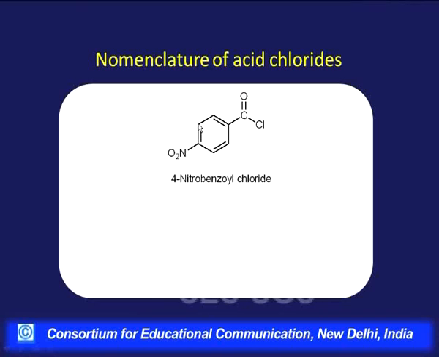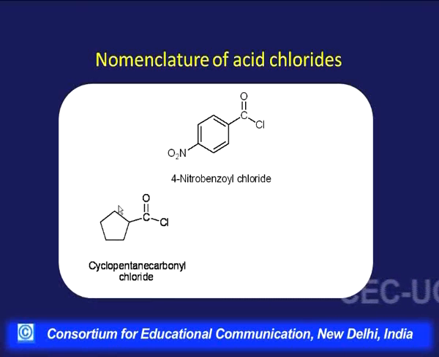The numbering in the ring remains the same: the carbon carrying the main functional group is assigned position 1, and then we number the ring in a clockwise or anti-clockwise direction so that the substituent gets the lowest number. In this case, it is present at the para position, which will be number 4 from any side: 1, 2, 3, 4, or from this side 1, 2, 3, 4. So, this is named 4-nitrobenzoyl chloride.